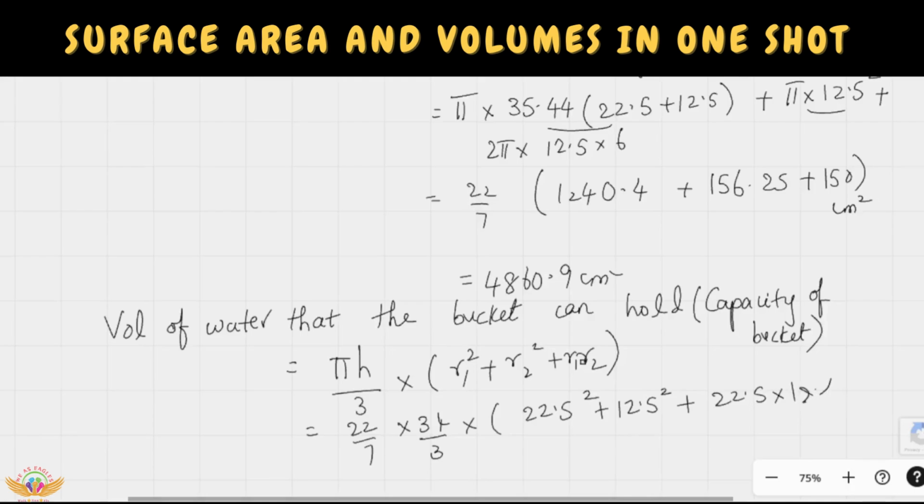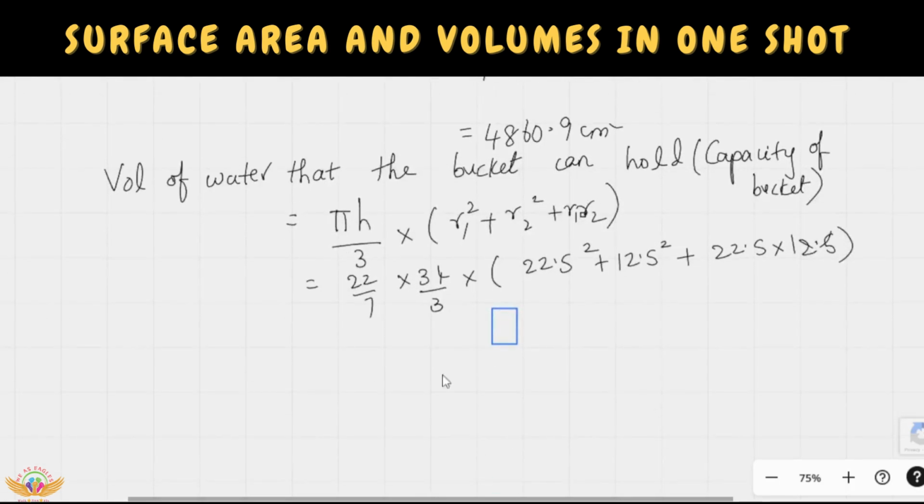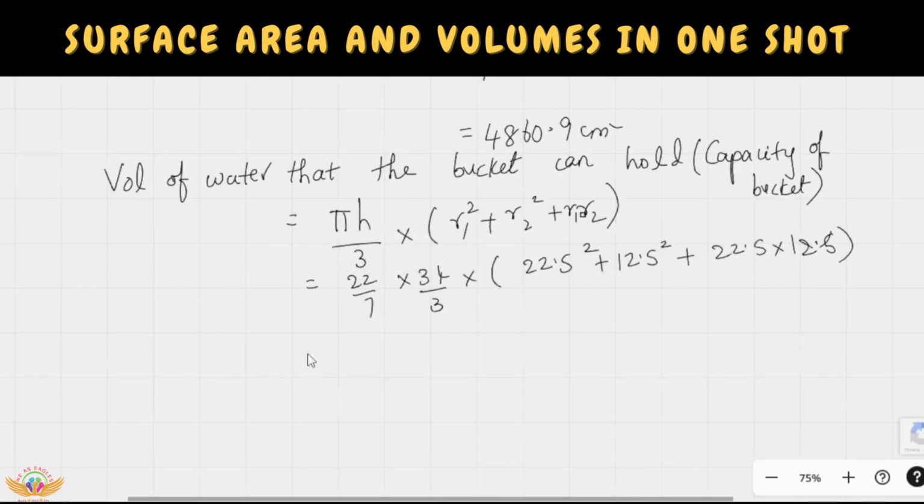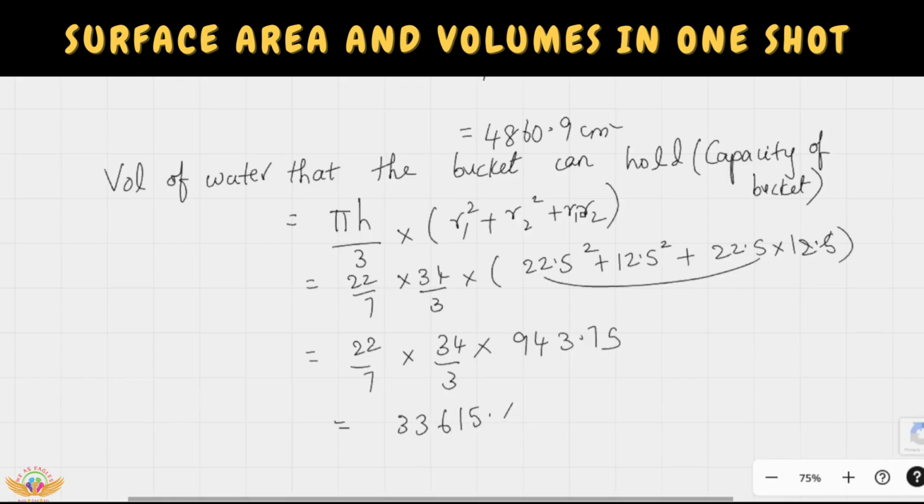After solving the complete part, approximately I got 943.75, and then the answer 33615.48 cubic centimeters. Approximately, I'm taking it as 33.62 liters.